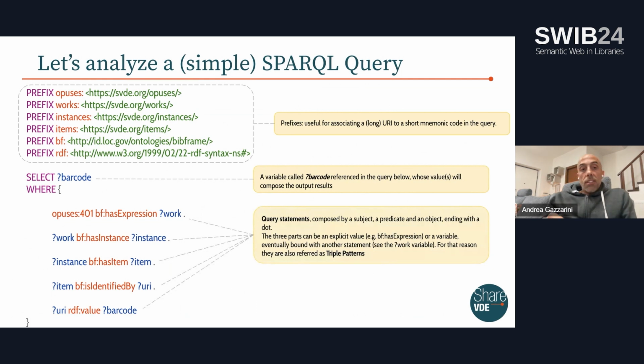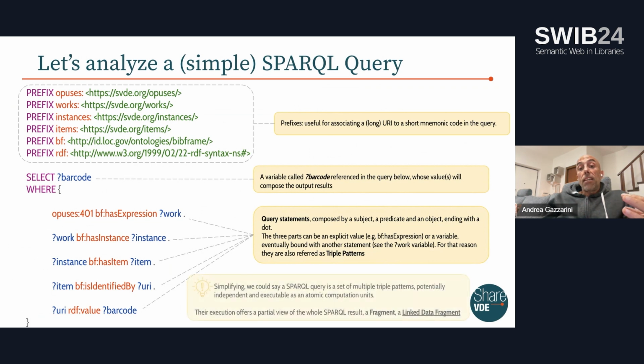where clause that can be divided into several clauses called triple patterns. Why? Because they are composed of a subject, predicate, and object, and each of them could be an explicit value, a URI, a literal, or a variable. Variables are better used for connecting one triple pattern with another.